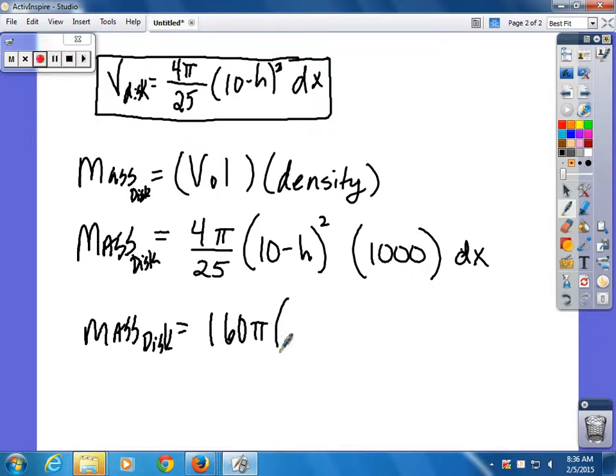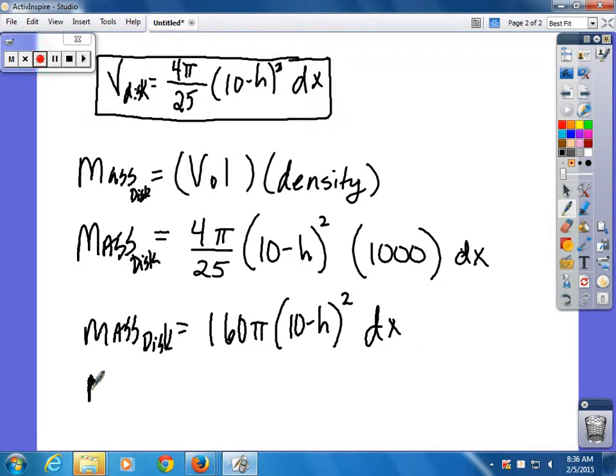Y'all check my math, and telepathically let me know if I'm right, because y'all ain't gonna talk. And now you need to multiply that by the 160 times 9.8. And that's going to give you what? 1568? That's what I got.